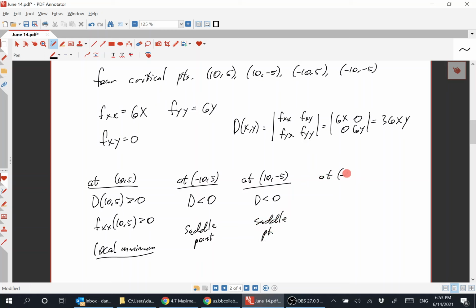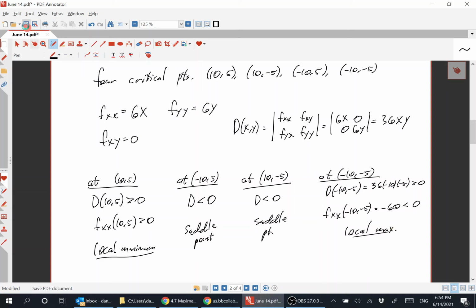And at (-10, -5), right, the d, which is 36xy, so 36 times 50, is again positive. But this time, fxx at (-10, -5) is going to be equal to, so what was fxx? 6x. So minus 60, so that's less than 0. So this is a local max.